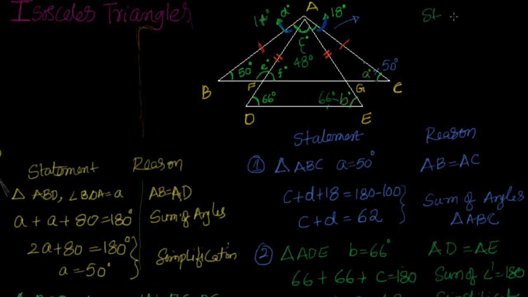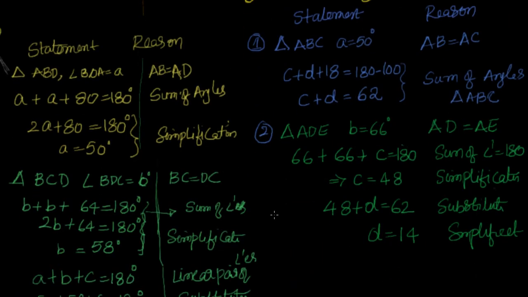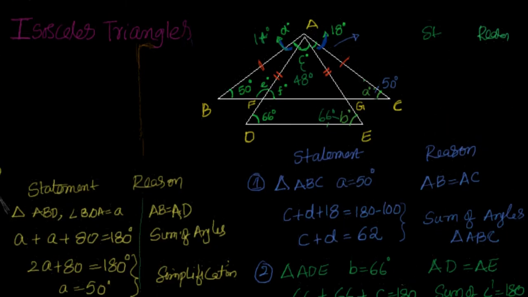I'll write them here so that you can have the picture next to it. I'll say here statement and reason. This is for step number 4. If you look here, you have to find out what E is. You already know the value of D is 14. So if I consider triangle ABF, in triangle ABF, we can see very clearly 50 plus E plus D is equal to 180.